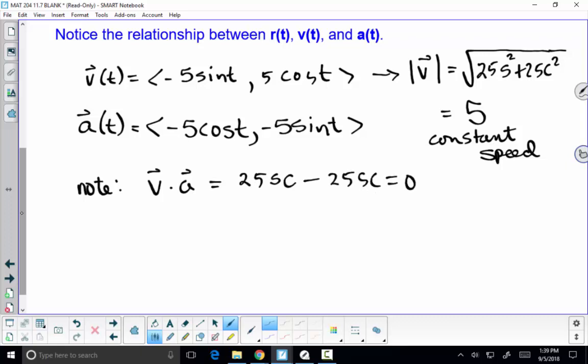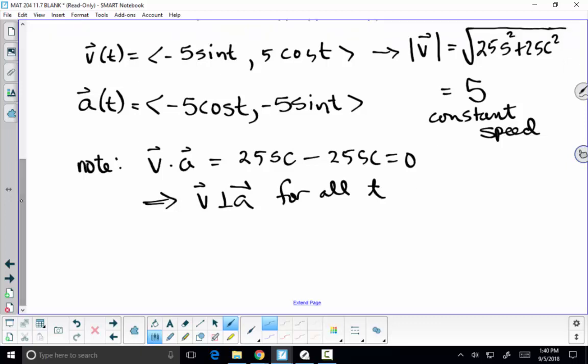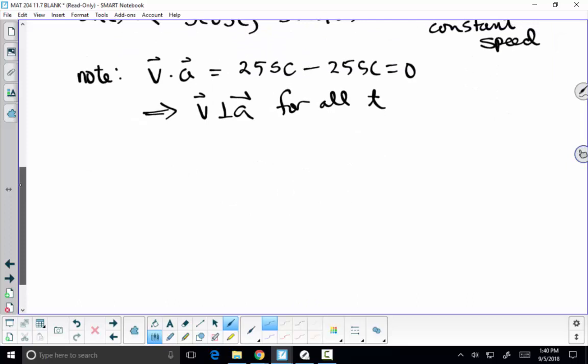So you get 0. And that implies that v and a are perpendicular to each other. They're orthogonal for all t. So it doesn't matter where you are on the circle, your velocity and acceleration will always be perpendicular to each other.